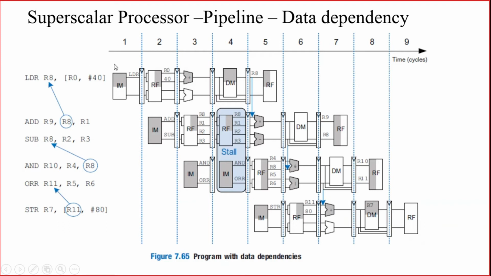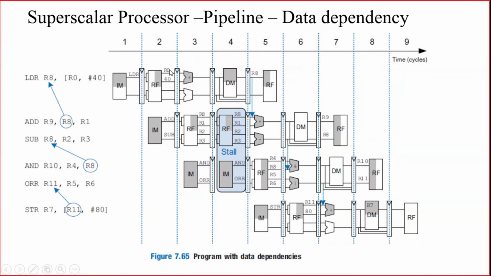So after executing the LDR, only then can the next instruction be executed. That is why both these instructions are not accessed simultaneously in the first cycle. That decision will be taken by the superscalar architecture based on the data dependency. So first of all, this instruction will be executed, right?